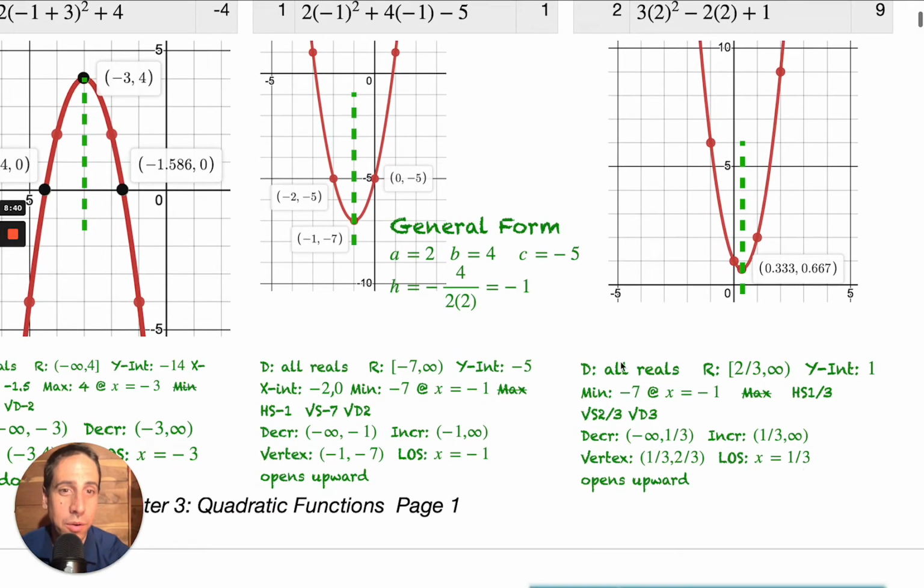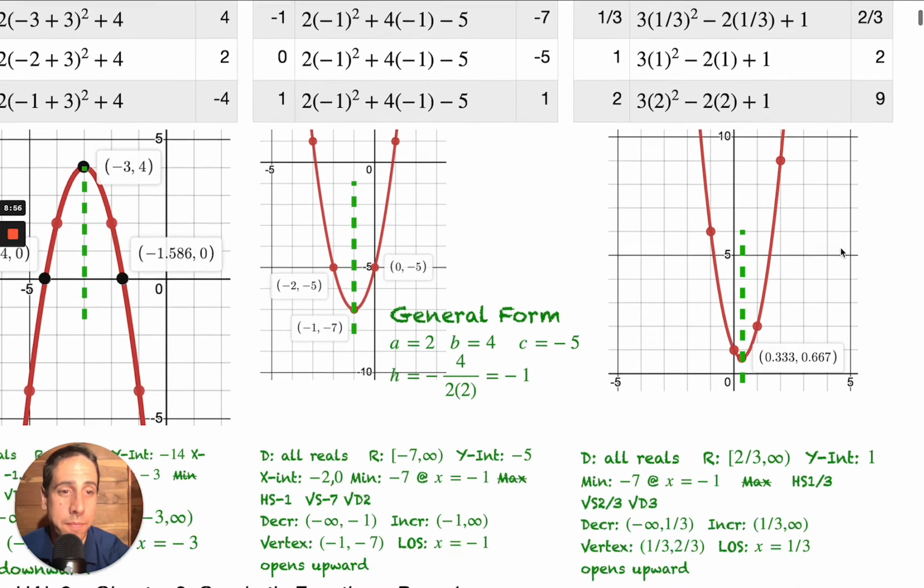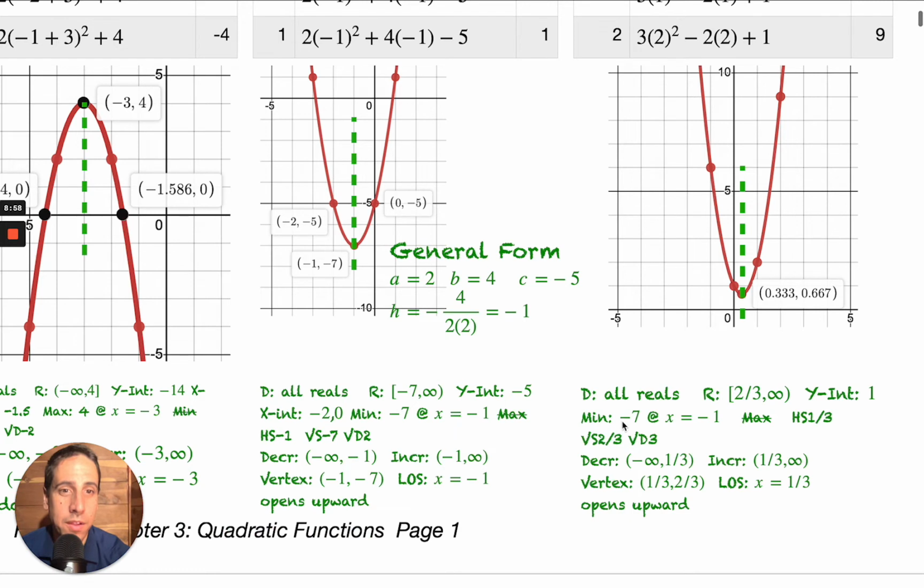The domain is all reals. The range is from the lowest y value, 2/3, up to positive infinity. The y-intercept is 1 right here, and you can see this row corresponds to the y-intercept, 0, comma 1. The minimum value of the function is negative 7. No, it's not.